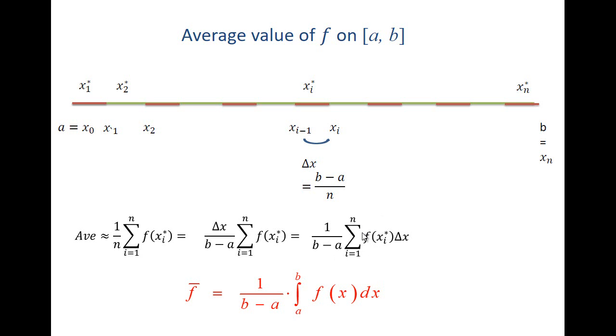And then we know that that approaches the definite integral, so the average value would be equal to 1 over b minus a times the definite integral from a to b of f of x dx. All right, so we're going to apply this formula to find the average value of a function.